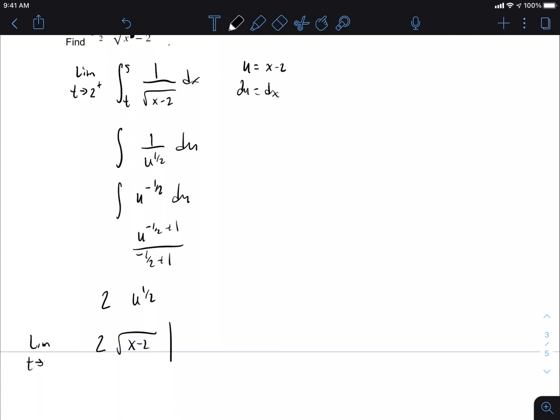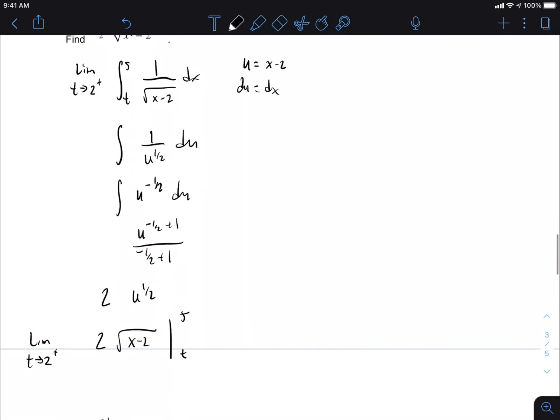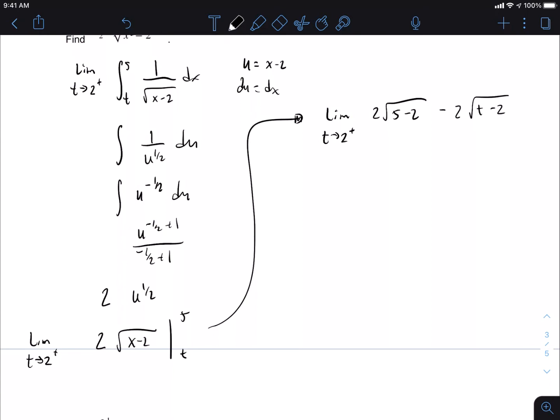And now we can bring our limits back in. Right? So then when we evaluate this, here I'll come up here. I'm going to get the limit as t goes to 2 from the right of 2 root 5 minus 2 minus 2 root t minus 2.